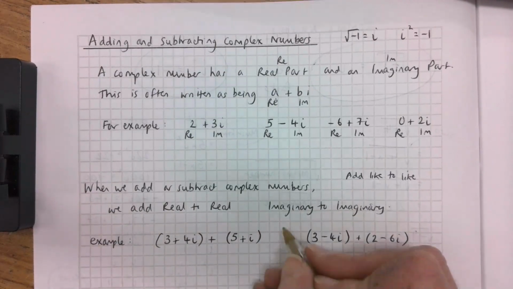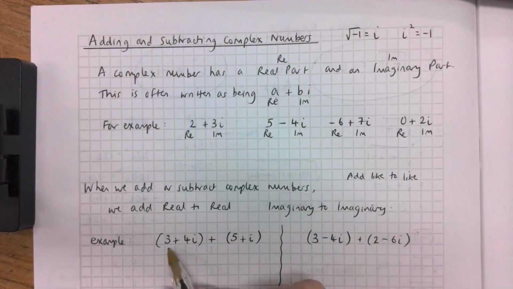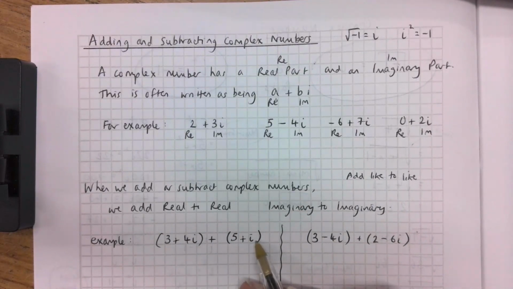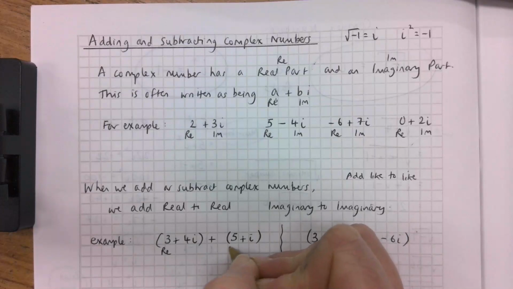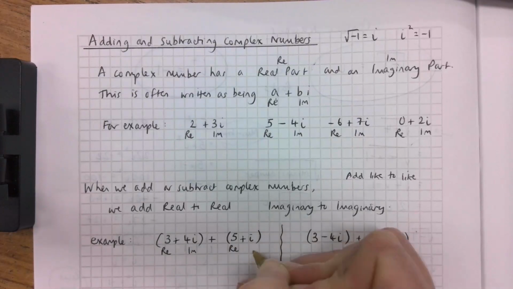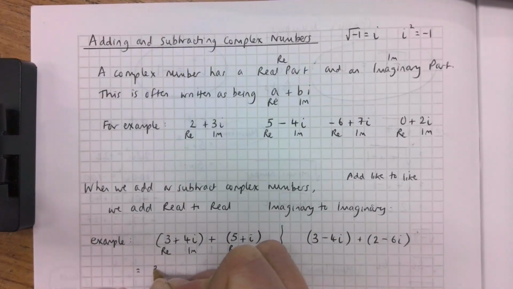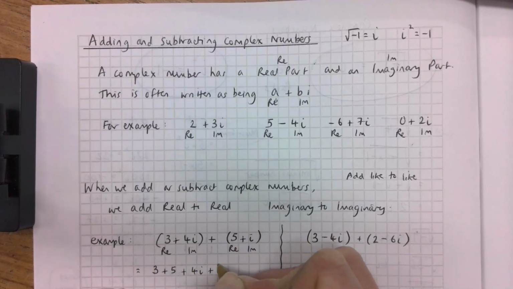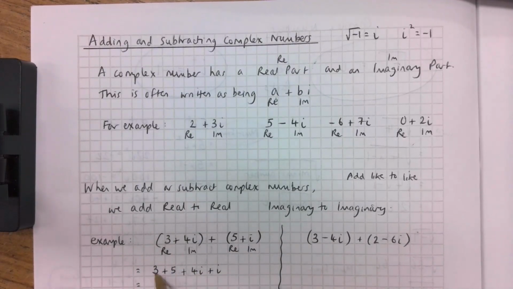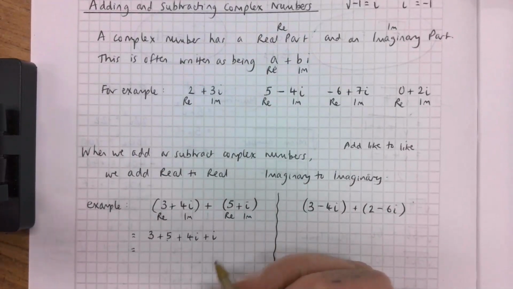So for example, say we had 3 plus 4i plus 5 plus i, we could add the real to the real and the imaginary to the imaginary. So what that turns out to be is 3 plus 5 plus 4i plus i. Real to real, imaginary to imaginary. Now when I add 3 plus 5, I just get 8.